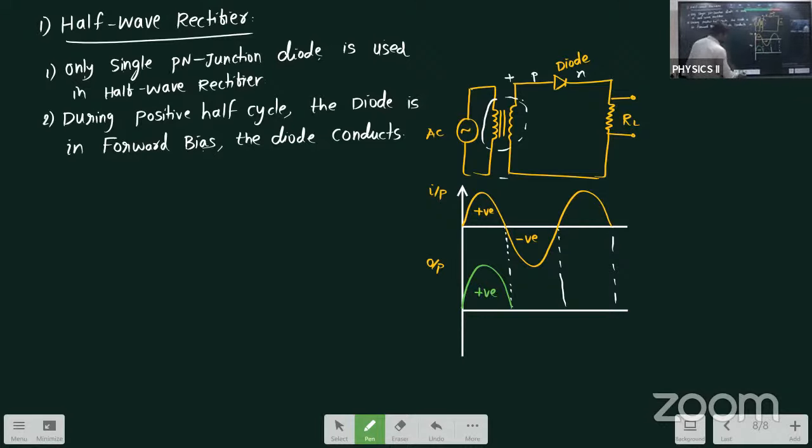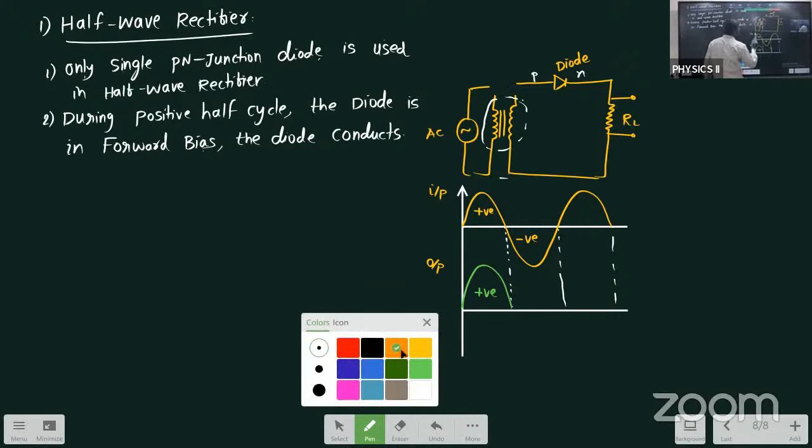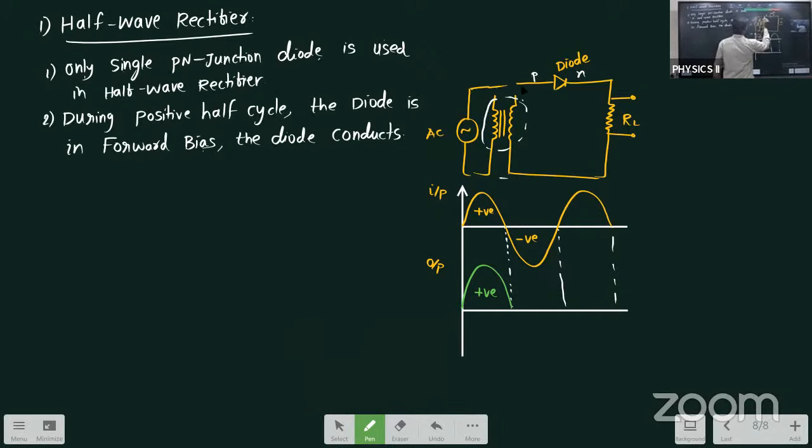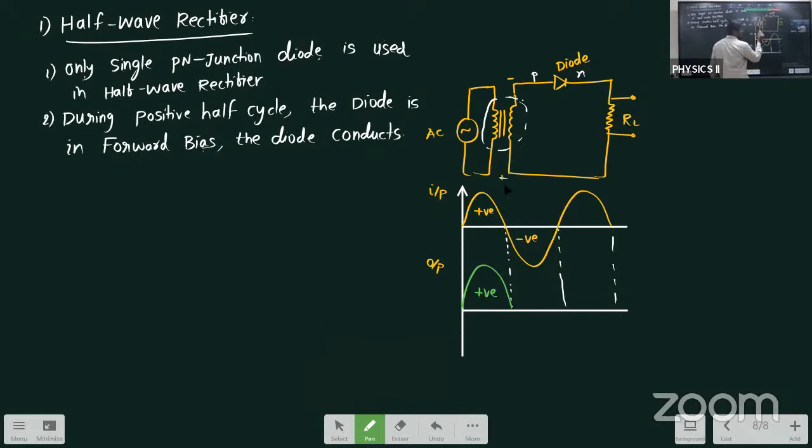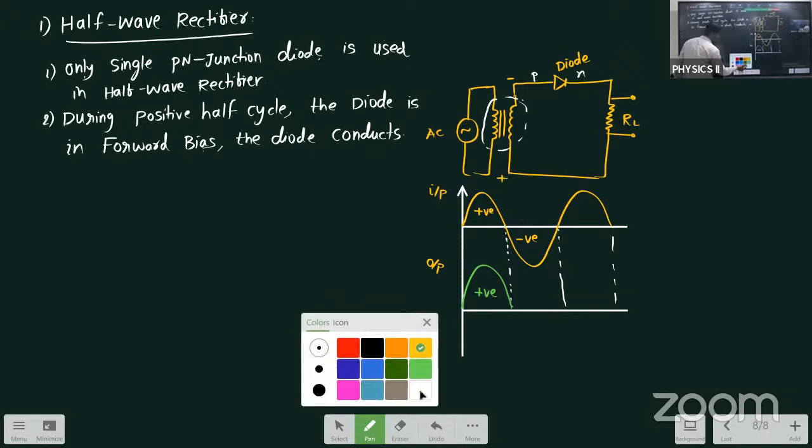Okay, now let us see for negative half cycle what will happen. See here. For negative half cycle, this terminal will become negative and this terminal will become positive. Now see here, what is this connection?